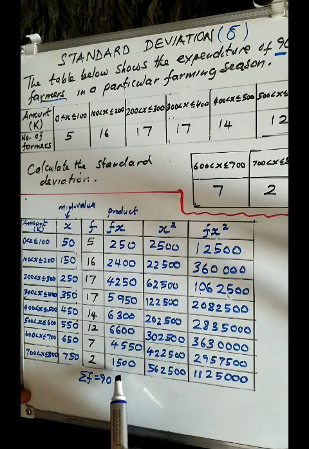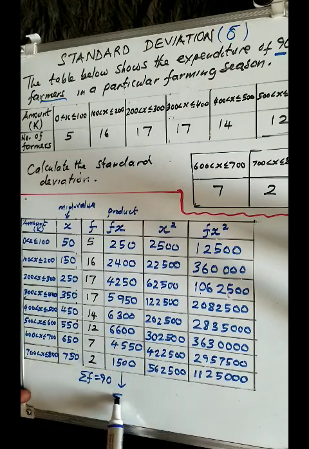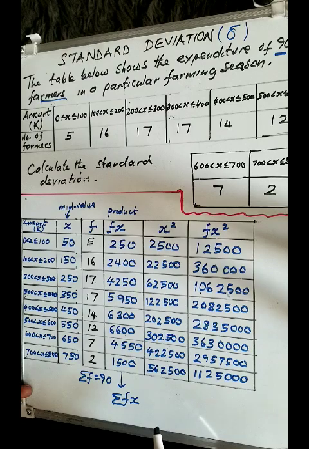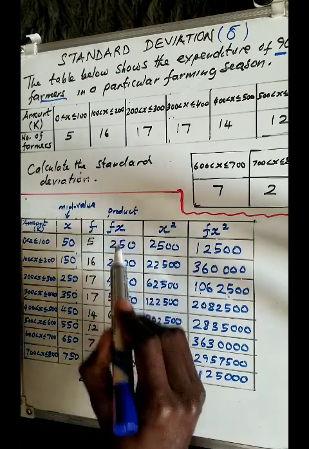The next thing that you're going to do for this value here, you again need to get the summation of fx, the product of the frequency and the mid value. So what is the summation? So you add all this.